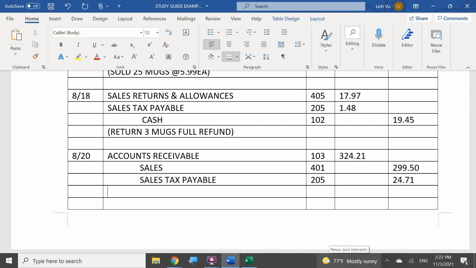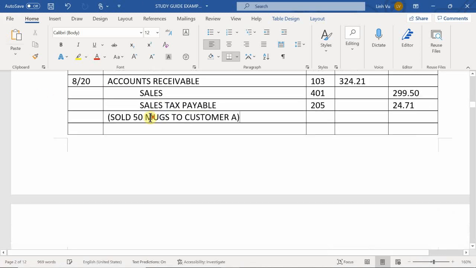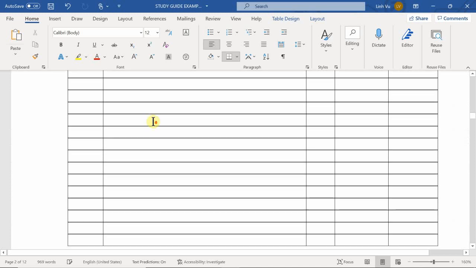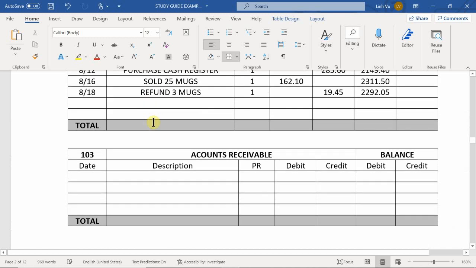So we sold 50 mugs for $5.99 each to customer A, on account. So we're going to accounts receivable.